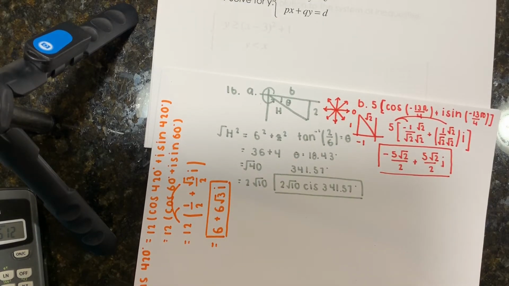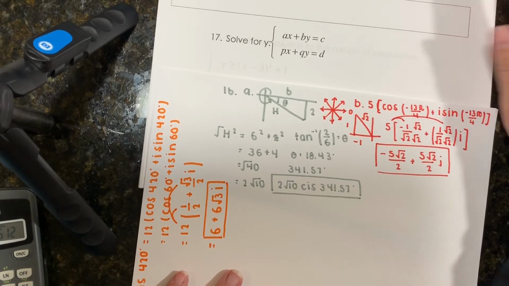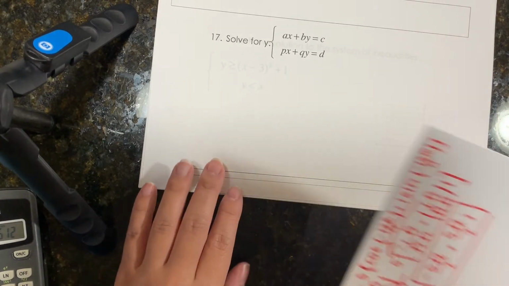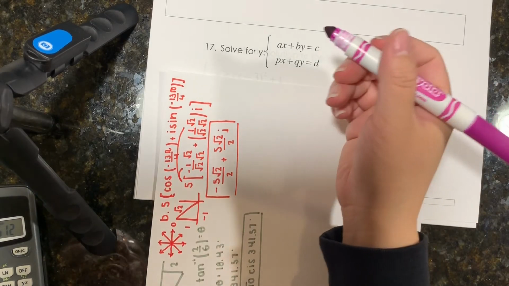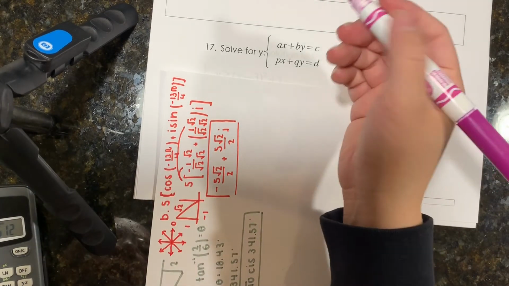So now number 17, we're looking to solve for y, which means we need to eliminate x. I am going to start by multiplying the top equation by the coefficient of the bottom equation's x. And then the bottom equation I'll multiply by the coefficient of the top x, but make it negative. Meaning that I'm going to multiply the top by p and the bottom by negative a.